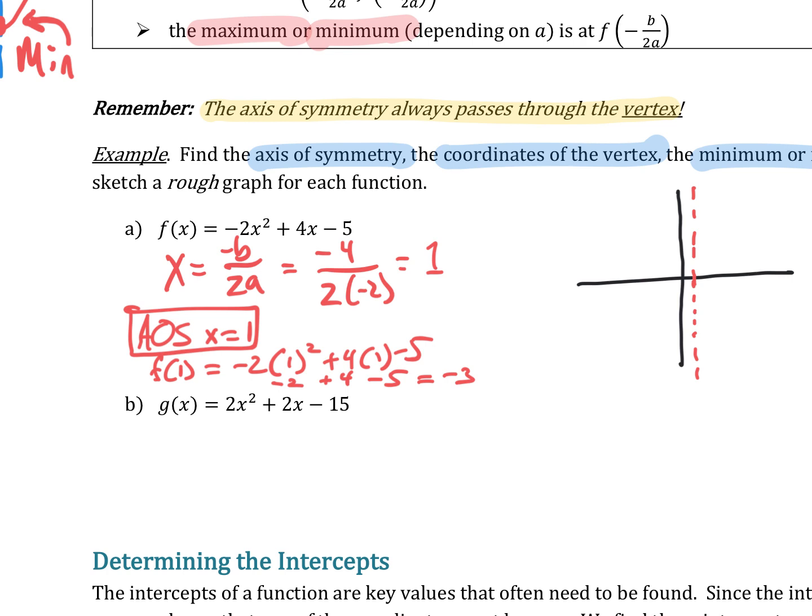All right, so down here at negative 3, again, just getting a rough graph. There's our graph. There's our vertex. So our vertex is at an x value of 1, which is the axis of symmetry, and a y value of negative 3. So there's our vertex. Now we know that the a value is negative 2, so this opens down.